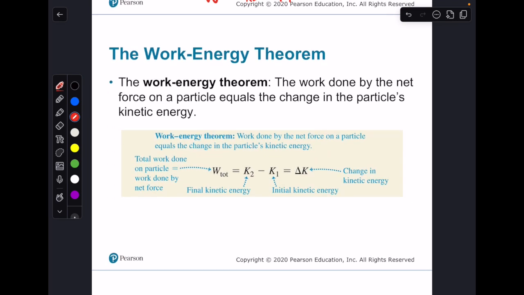So we have two ways to define the total work. The total work is the sum of all the forces on that object dotted with the displacement of that object. The total work is also equal to the change in kinetic energy: the final kinetic energy minus the initial kinetic energy, or the energy at some point 2 minus the energy at some point 1.